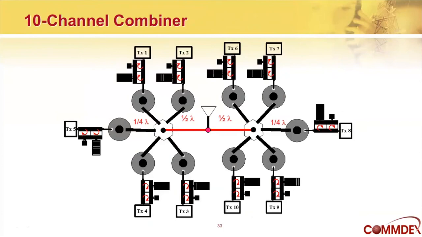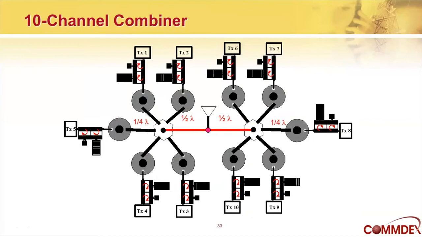If we wanted to do a 10-channel combiner, which is not normal, typically we stick with 5 channels or less for each antenna. But if we did want to do a 10-channel combiner, we could take 2 5-channel combiners and connect them together. So now if you look at the way that the transmission lines are set up, we have half-wave length transmission lines from the combining points of each of the 2 5-channel combiners.